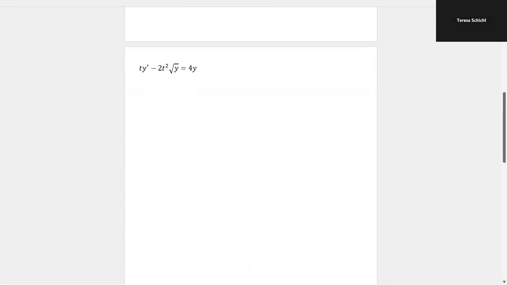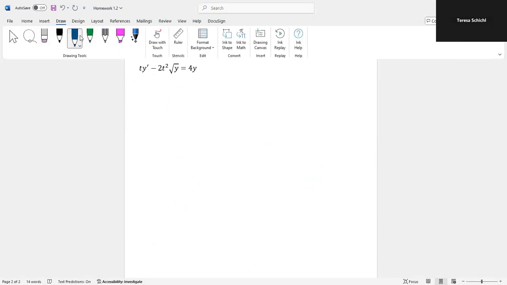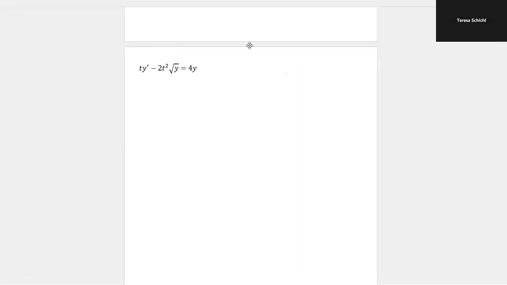For this problem, it will be similar to what we did before. The tool we're going to use is the Bernoulli equation again. Let me write it down here as a reference.